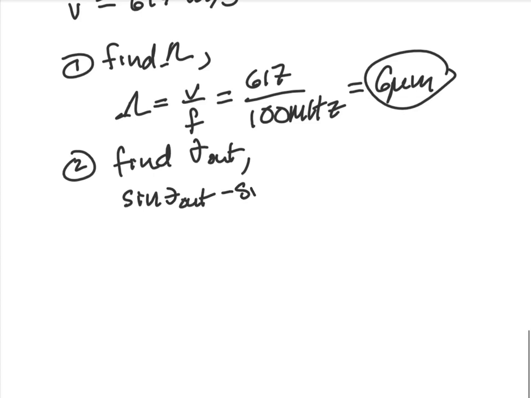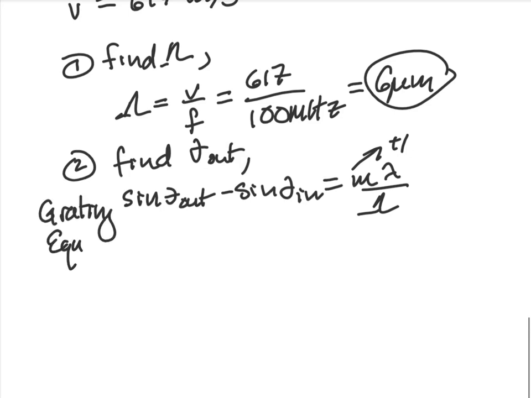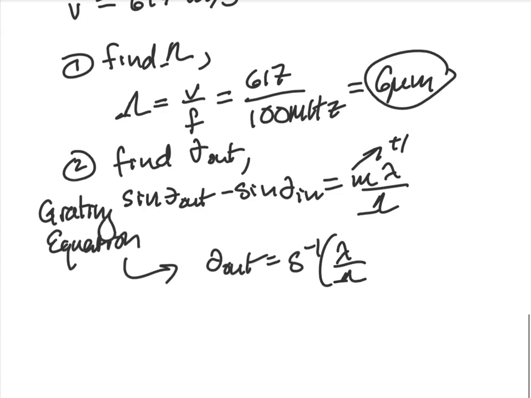So the output angle is going to be given to us from the grating equation shown here. We're going to choose the positive +1 order of diffraction. That's m equals +1. And we're going to solve then for the output angle as the arc sine of little lambda over big lambda, plus the sine of the input angle.